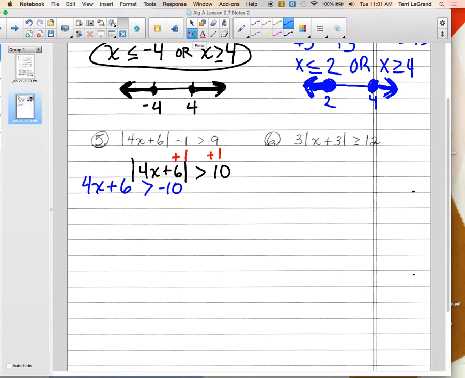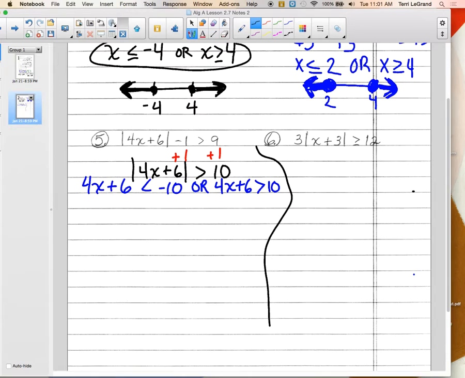You meant is less than? Yeah. Okay, so 4x plus 6 is less than negative 10, or 4x plus 6 is greater than 10. Did I write it the way you wanted it this time? Yeah. Okay. He is correct.